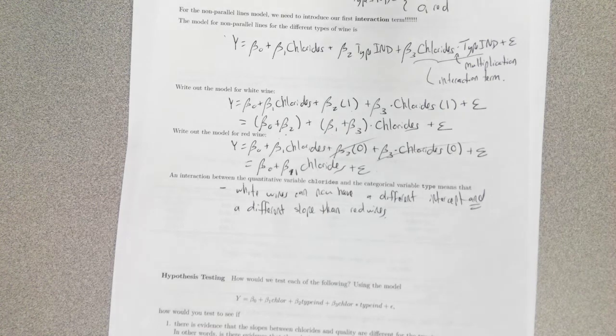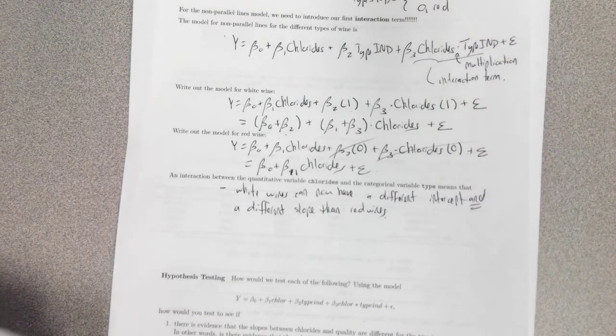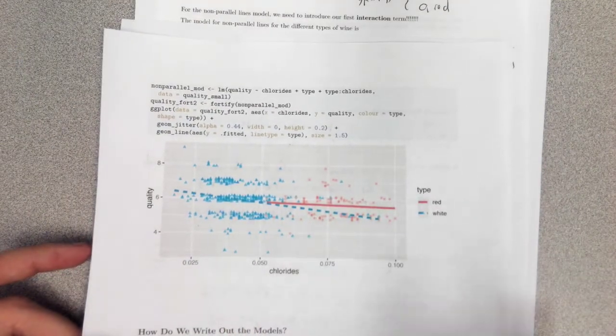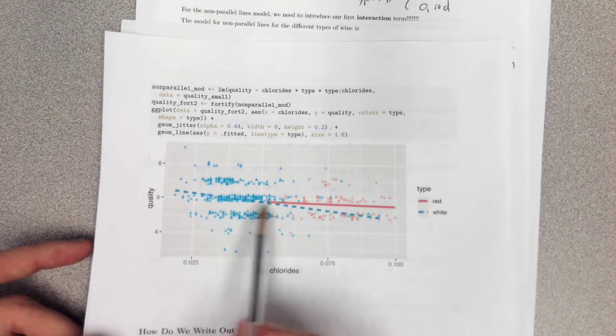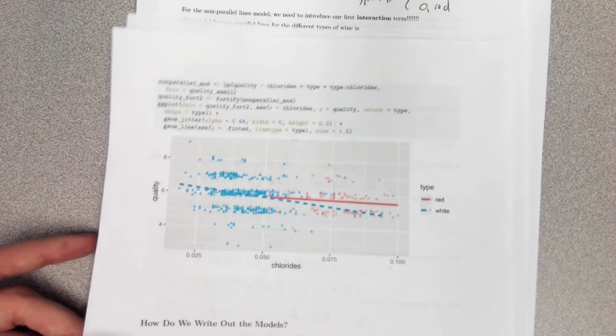Which again, hopefully it's somewhat clear from the way that we constructed the model, but it's definitely more clear for most people, I think at least, from the picture. You could see clearly that these red and white wines are going to have different intercepts, and they do have different slopes.